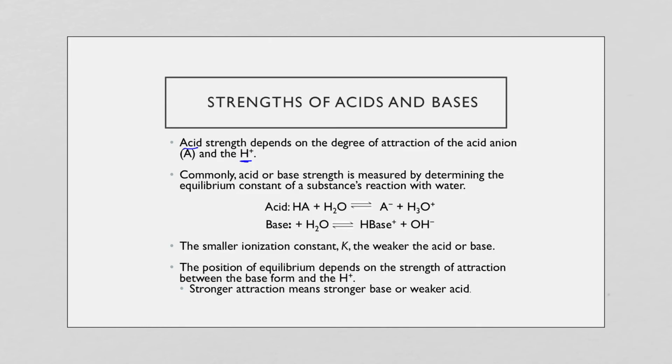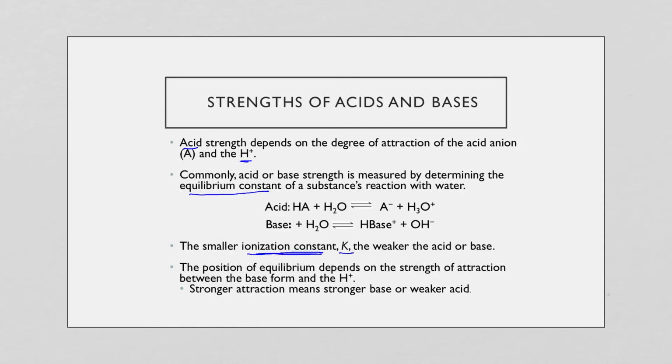Now, the way that we can look at this, again, is through the equilibrium and the value of the equilibrium constant K. As we'll see, in acid-base chemistry we call this an ionization constant, because an ionization is what's occurring. We're creating ions.